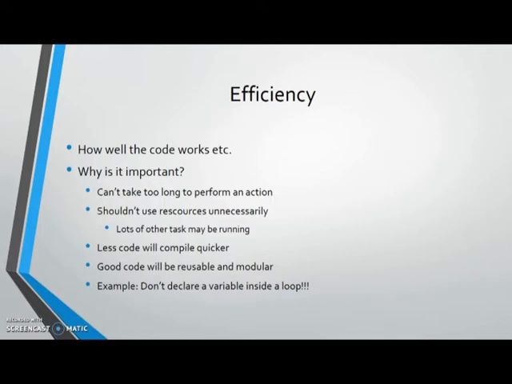When you declare a variable, the computer is allocating an area of memory in the RAM that's going to store information. That's what a variable is. You give it a name, and it's a location in memory to store some data. If you declare that variable before you start the loop, that's fine.